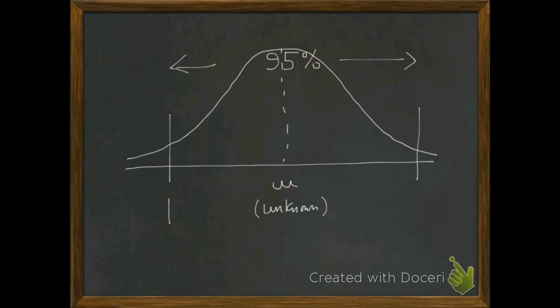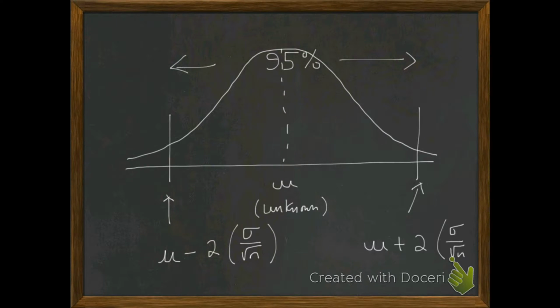Well, what would this bound look like? This would look like the mean minus 2 times the standard deviation, and this would look like the mean plus 2 times the standard deviation.